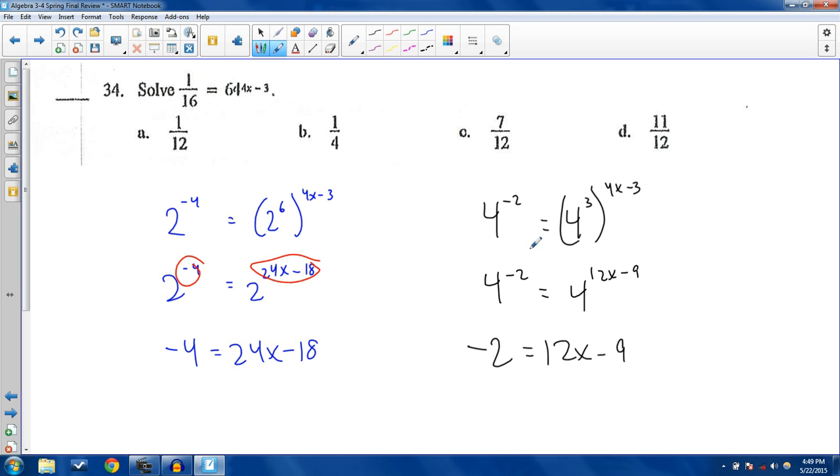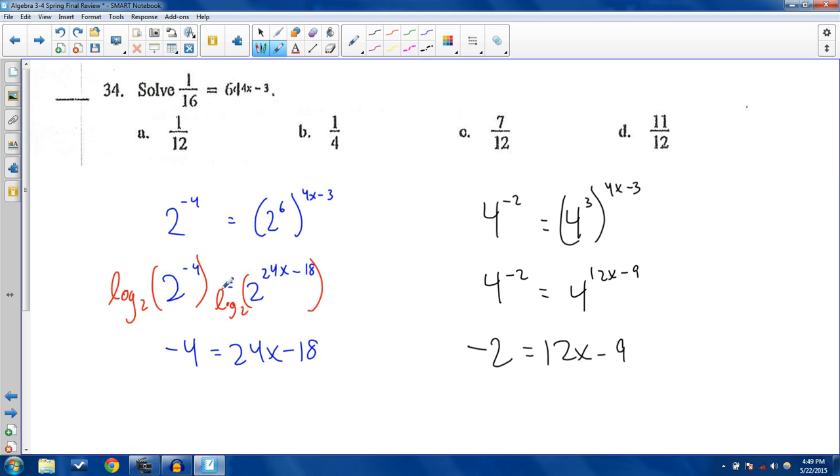The mathematical part that it's good to know is if you take the log base 2 of both sides, that's where you get the exponent to kick out in front, and like negative 4 times log base 2 of 2, and that becomes negative 4 times 1, which is negative 4. You'll get 24x minus 18 kicked out to the front, log base 2 of 2 is 1, 24x minus 18 times 1 is 24x minus 18, and then you get the numbers that way.